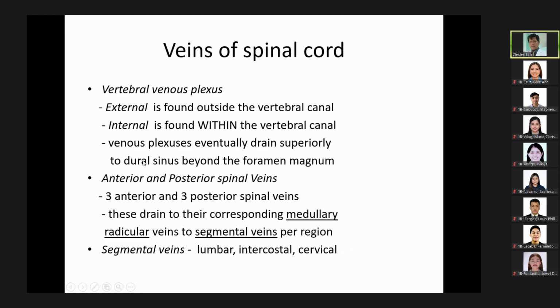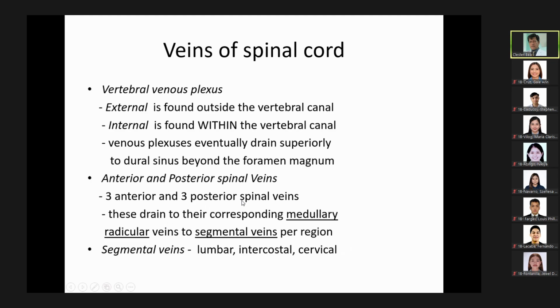Now, aside from the venous plexuses, external and internal, it's also described to have spinal veins, the counterpart to your spinal arteries. You have anterior and posterior spinal veins. You may have three anterior, three posterior spinal veins.